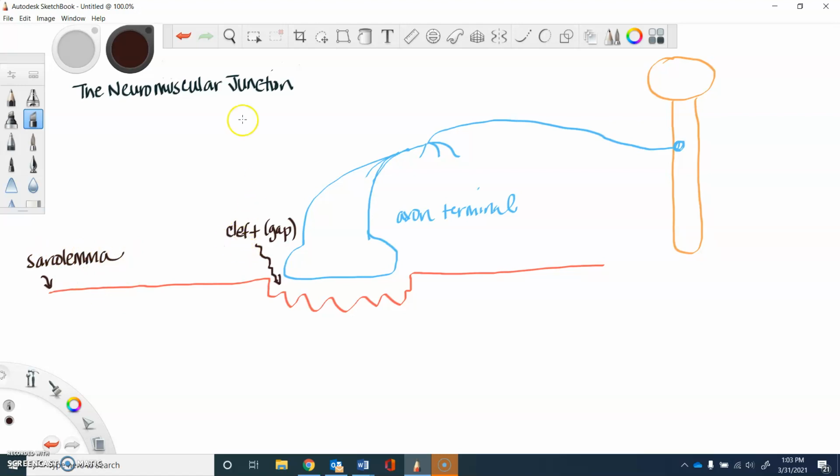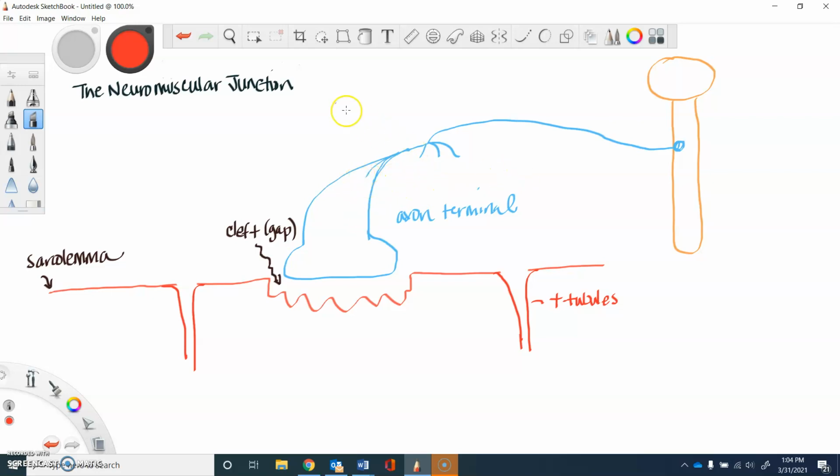And remember that there are invaginations of the sarcolemma that go down into the muscle cell and wrap around T-tubules. So these are going to become T-tubules here. Just want to remember that anatomy there.